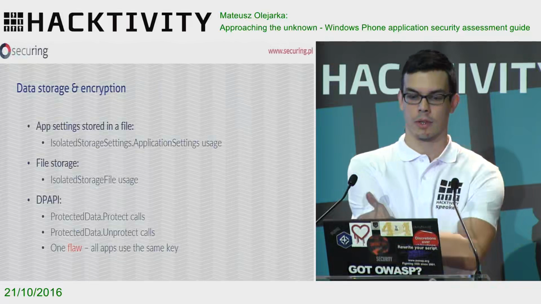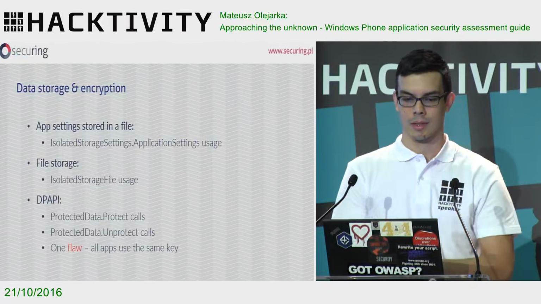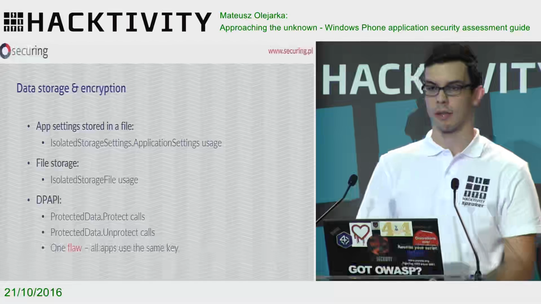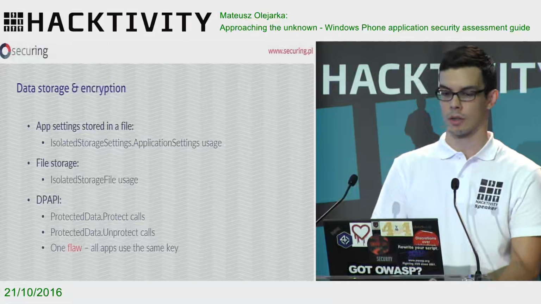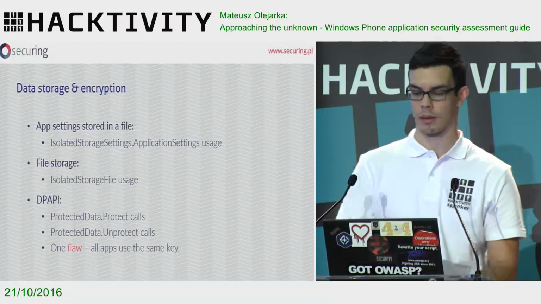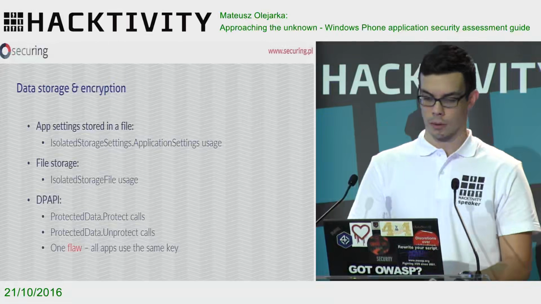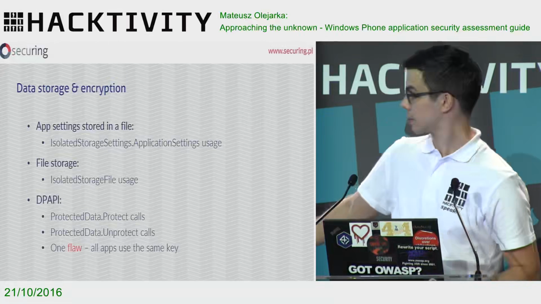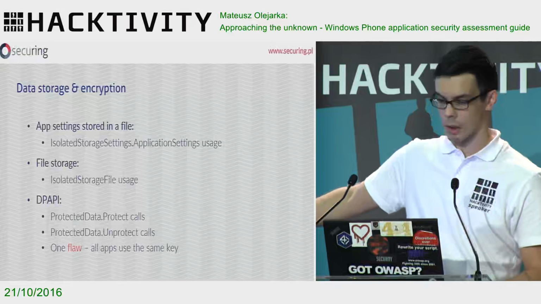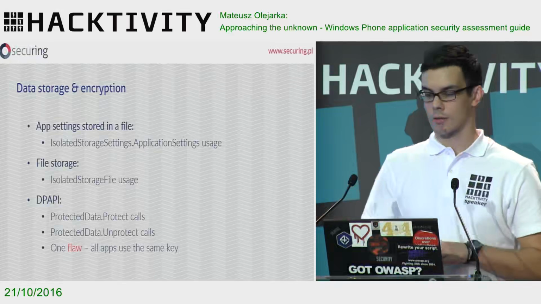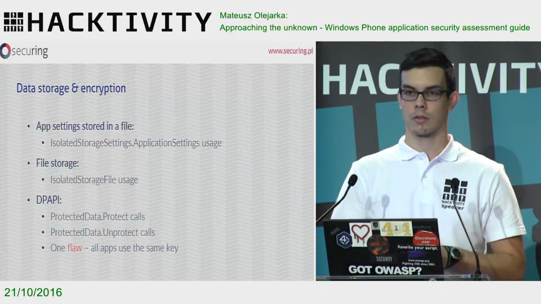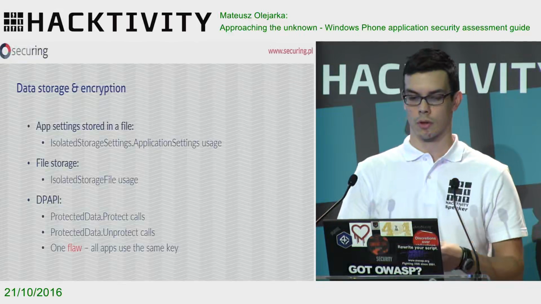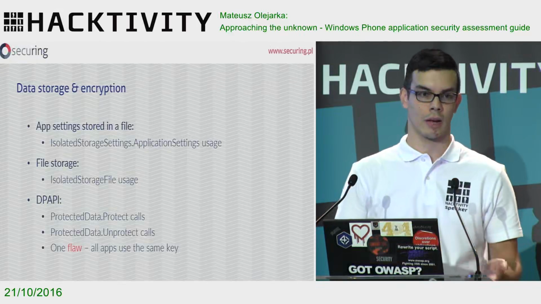In case of data storage and encryption, as I said, application stores data in isolated storage, which is basically a folder in the application on the Windows Phone. The class is isolated storage settings, secures application settings, because in this folder you can, from the source code point of view, store key value pairs or whole files, right?